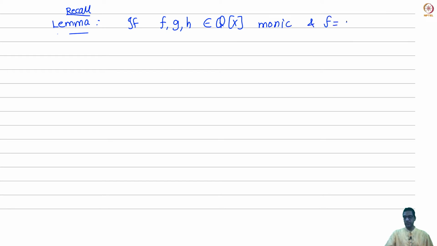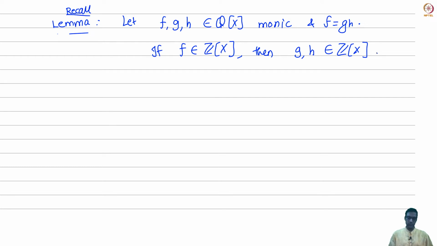Now recall the little lemma from last time, a consequence of Gauss's lemma, which says that if f, g, h in Q[x] are all monic and f equals gh, and f has integer coefficients, then g and h must also have integer coefficients. This was a corollary to Gauss's lemma, so we'll use this repeatedly.